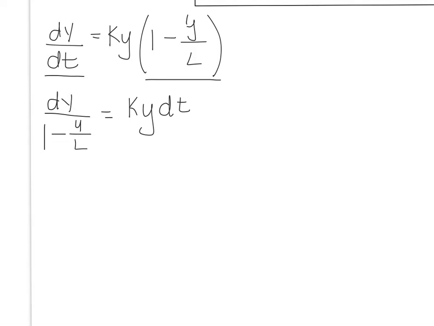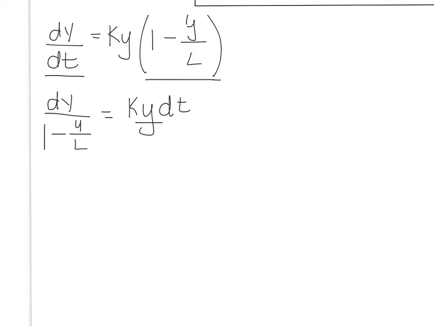All right, and now I am almost separated. I just need to divide both sides by y over here, and I will have my variables completely separated. All of my y terms on the left and all of my t terms on the right. Again, k is just a constant, L is just a constant.